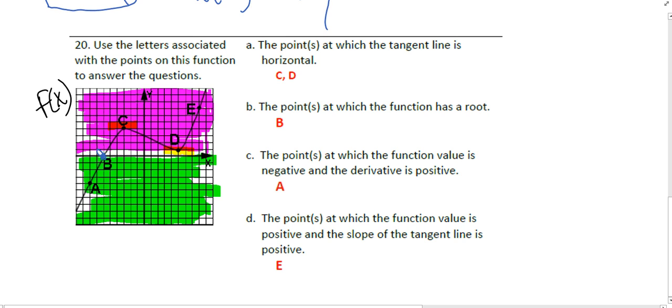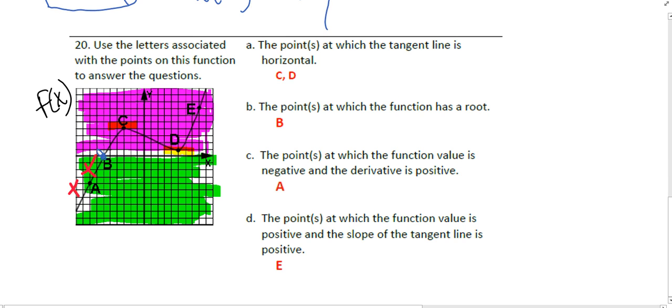So all we have to do is look in there and see where the function value is positive and the derivative is positive. No, excuse me. Function value is negative and the derivative is positive. Well, there's only one spot in there that the function value is negative anyway, and it's A, but clearly you can see that this has a positive slope because the function is increasing there.